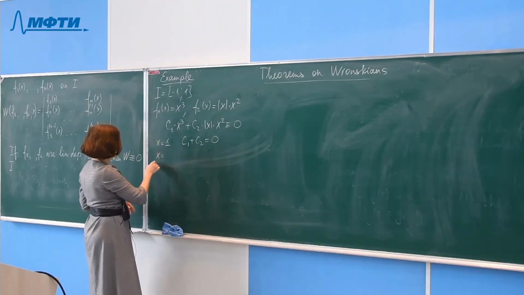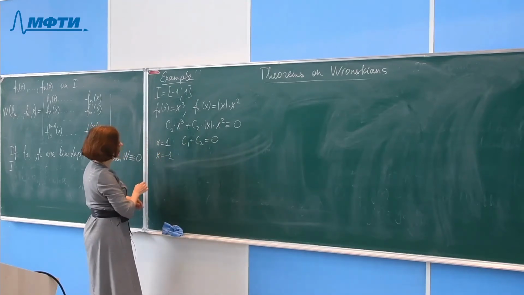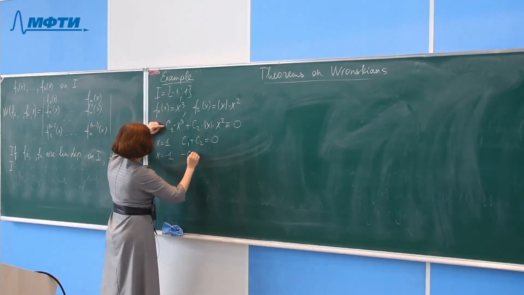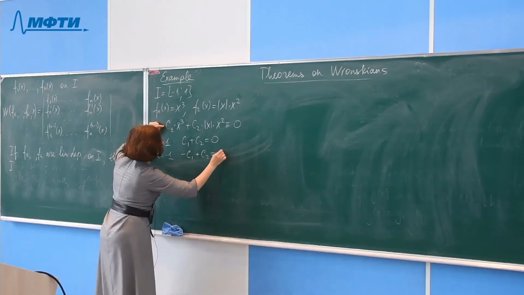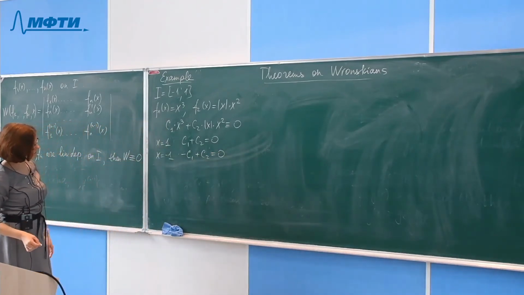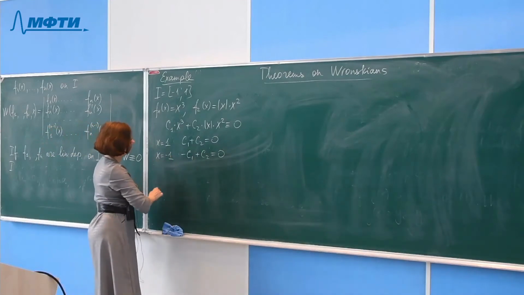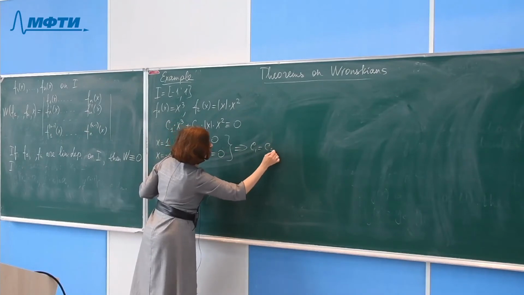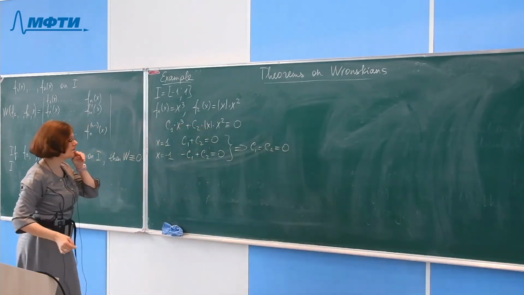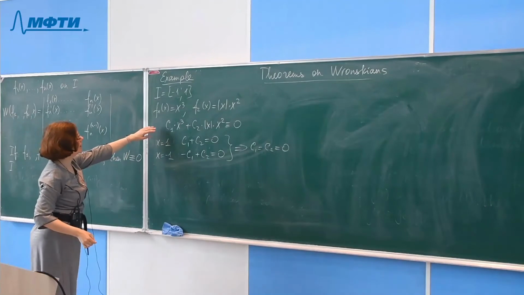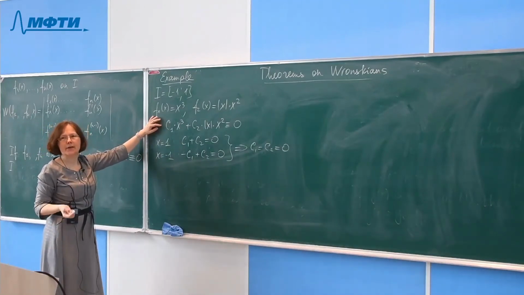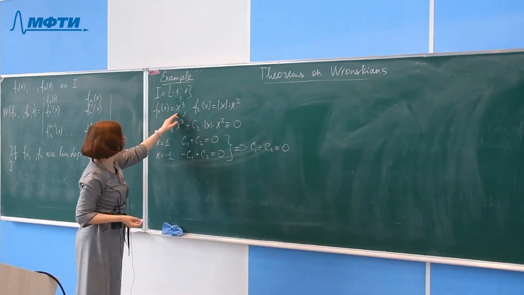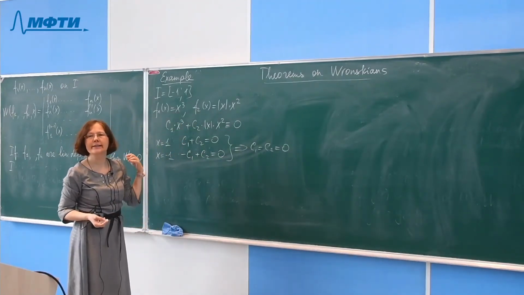And it should be satisfied for x equals -1. If we substitute -1 here, we will get minus c1 plus c2 equals 0. So it follows that c1 equals c2 equals 0. So this equation is satisfied only for zero values of the constants. So this proves that these two functions are linearly independent.